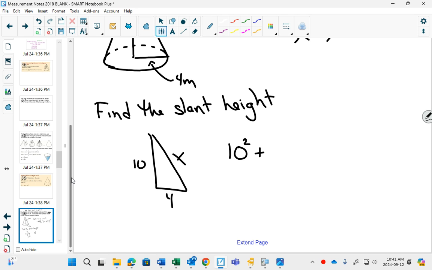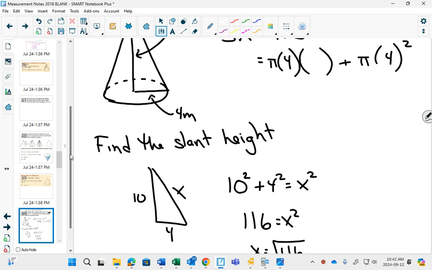A squared plus b squared equals x squared. 100 plus 16. And I would keep the exact number. For one, it's going to be easier to type into your calculator. So I'm going to put right here square root of 116.